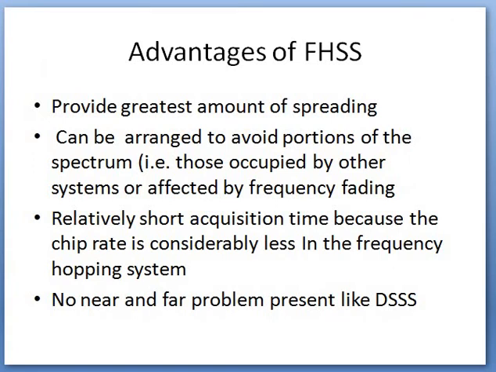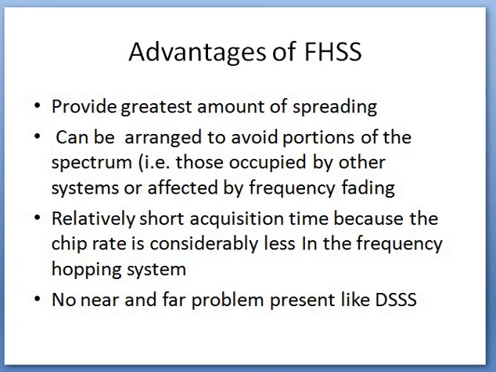We mention here some advantages of FHSS. It can be arranged to avoid portions of the spectrum occupied by other systems or affected by frequency fading. It has a relatively short acquisition time because the chip rate is considerably lower in the frequency hopping system.